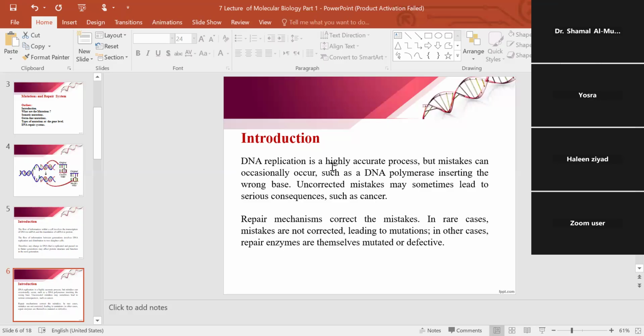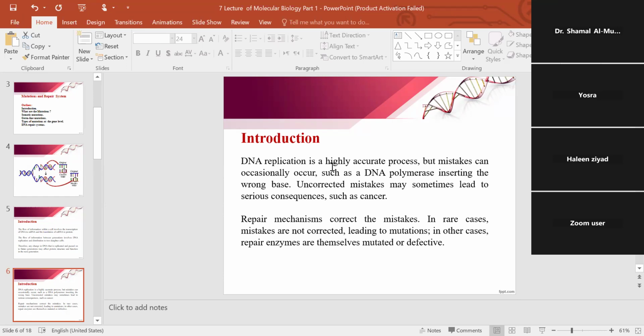Uncorrected mistakes may sometimes lead to serious consequences such as cancer. Cancer here means any change in the sequence of the DNA may lead to cancers.